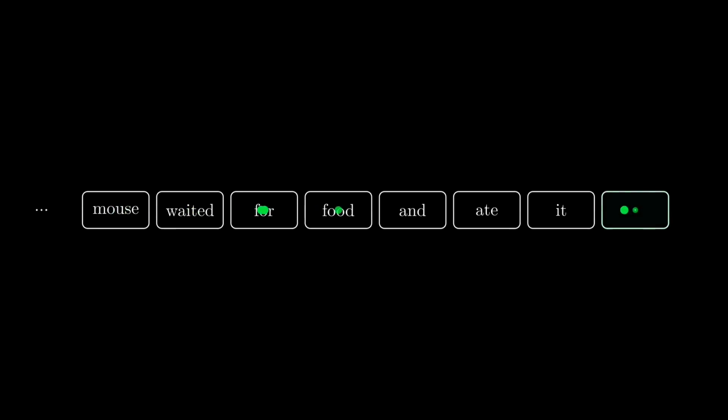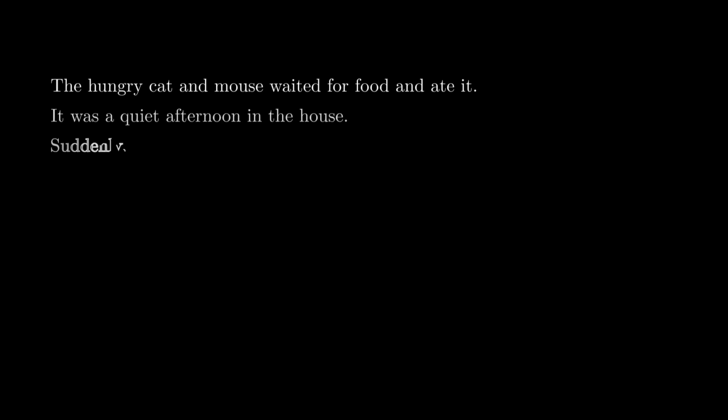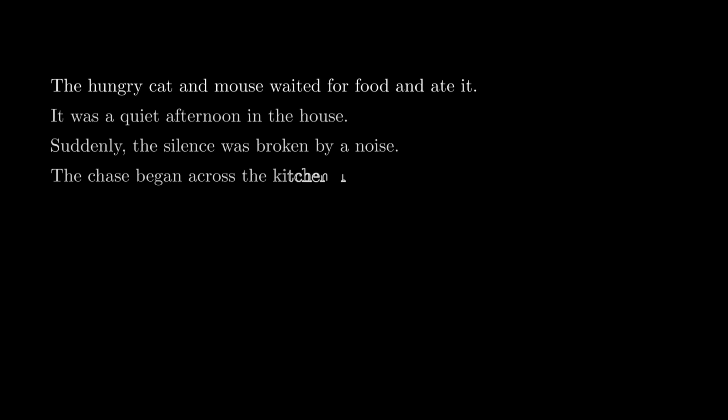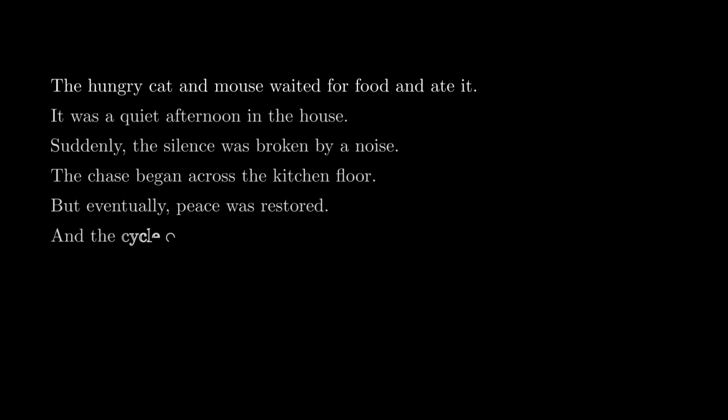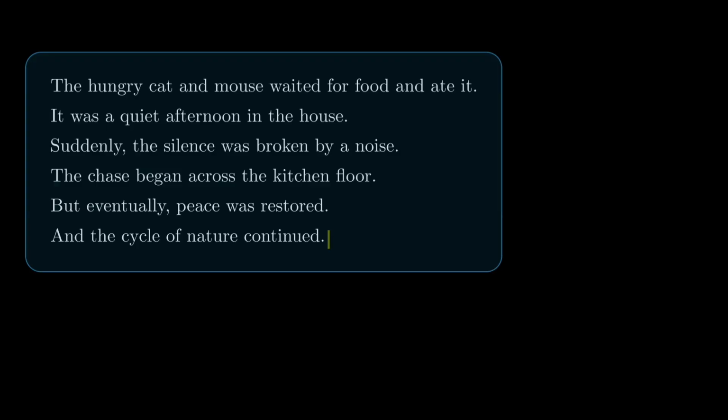Step by step, the model keeps compressing the meaning of everything it has generated so far into the most recent word's embedding. That embedding becomes the representative of the entire story up to that point. That's how the ongoing generation continues until we end up with a complete sentence, a paragraph, or even an entire narrative. And this, at a high level, is how the chatbots and modern AI models generate text smoothly, continuously, and beautifully.